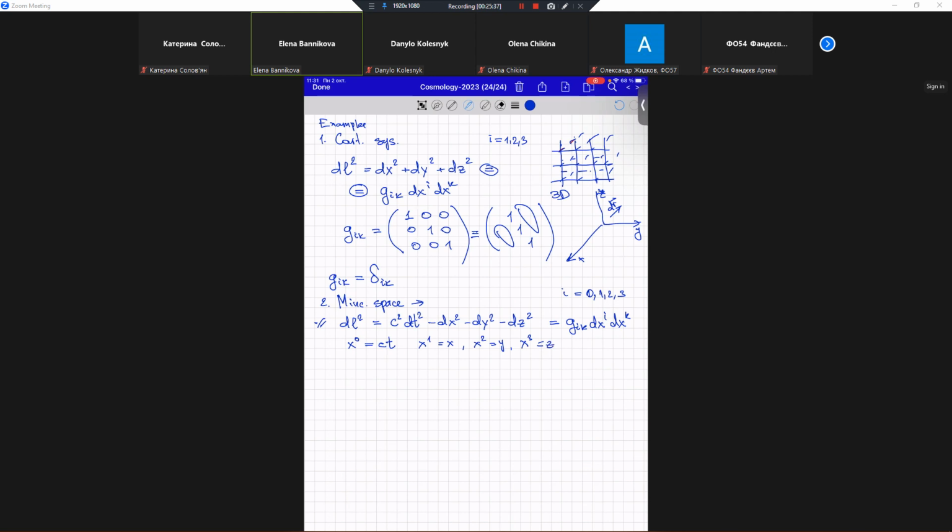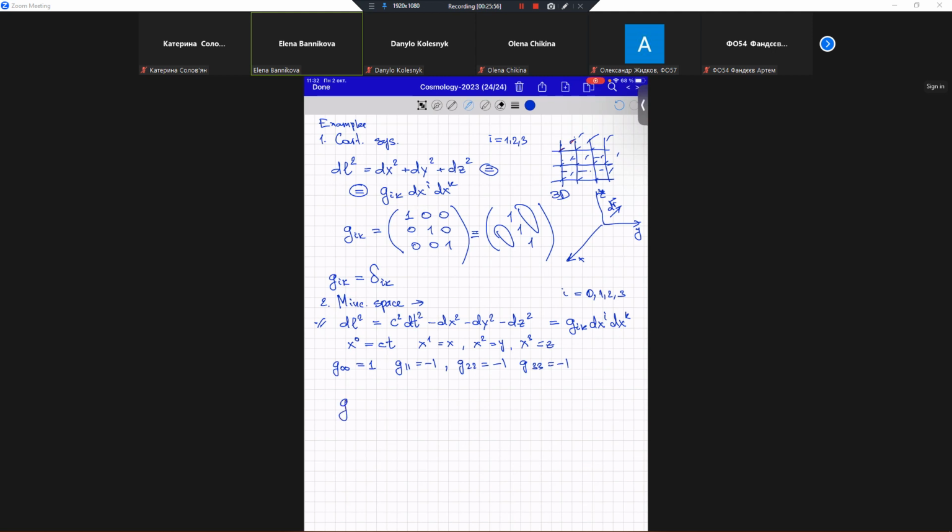For the metric tensor, we have non-zero components: g00 equal 1, g11 equal minus 1, g22 equal minus 1, and g33 equal minus 1.